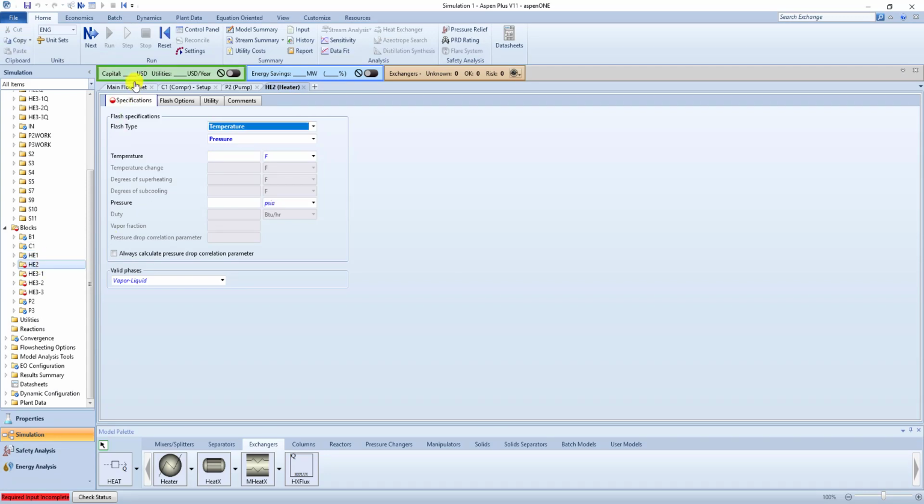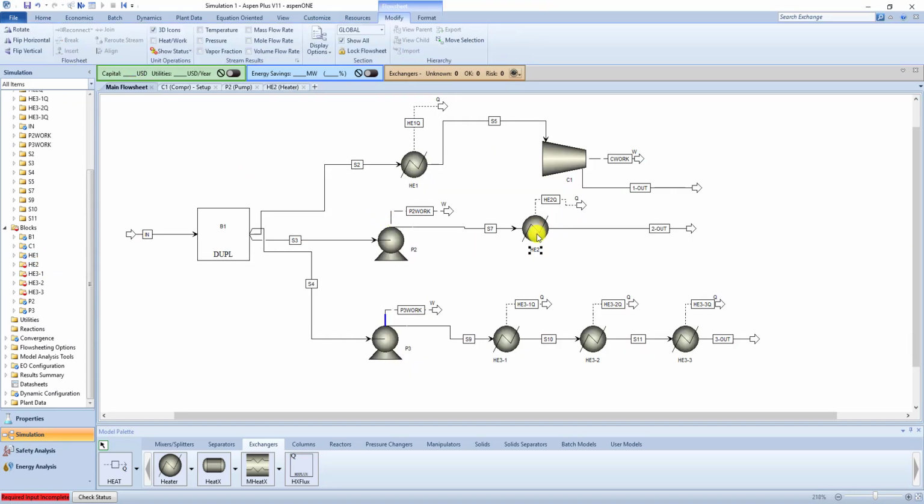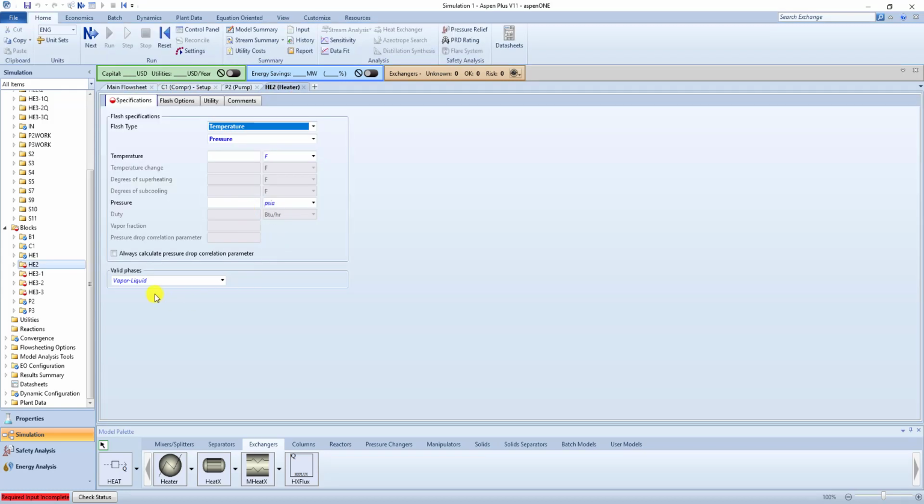Heat exchanger 2 is this one here. So again, we are heating up a liquid, vaporizing that liquid, and then heating the vapor to 450. So here our valid phases, again, are vapor and liquid, as is our valid phases for heat exchanger 1.